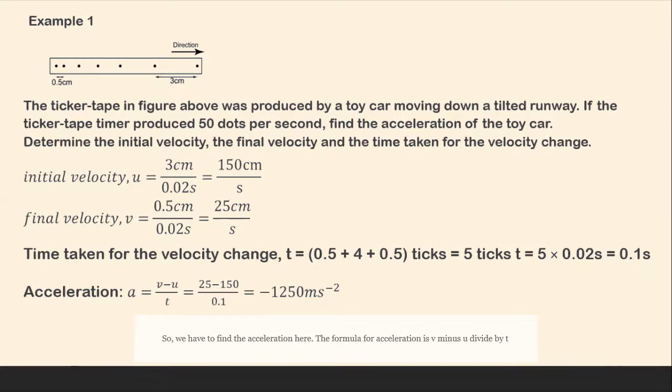So the formula of acceleration is here, right? v minus u divided by t, which is final velocity minus initial velocity divided by t. So we calculate the initial velocity first, which is this part. Distance, displacement over time, 3 divided by 0.02 seconds, we get 150, and for the final, 0.5 divided by 0.02, and we get 25.